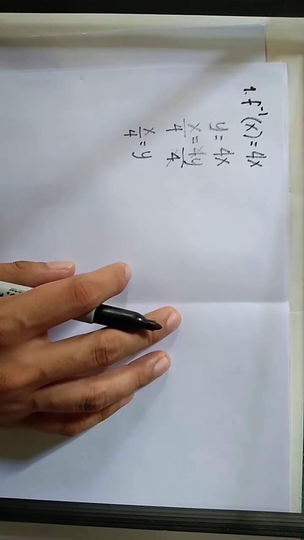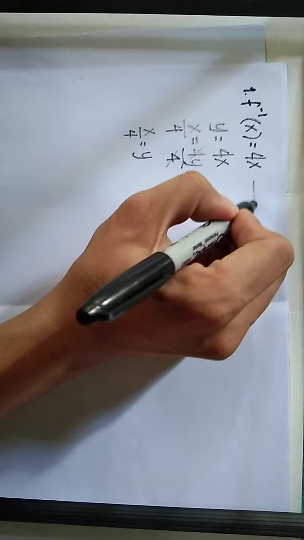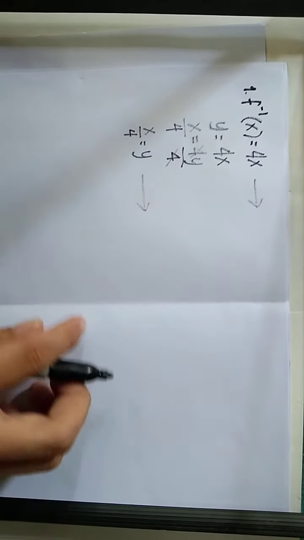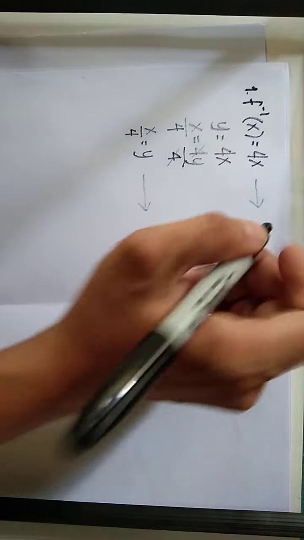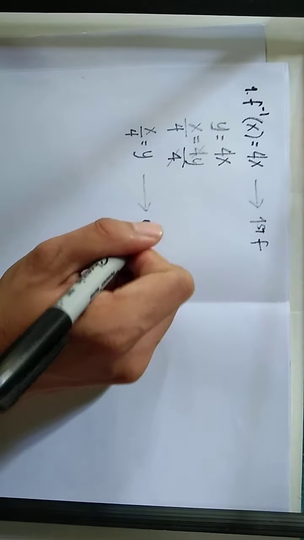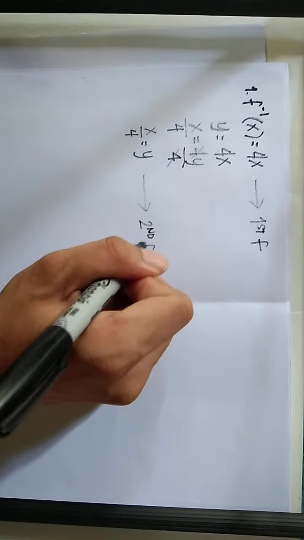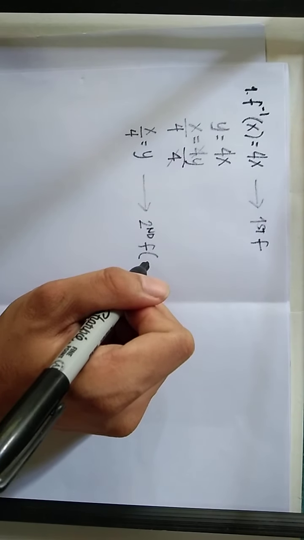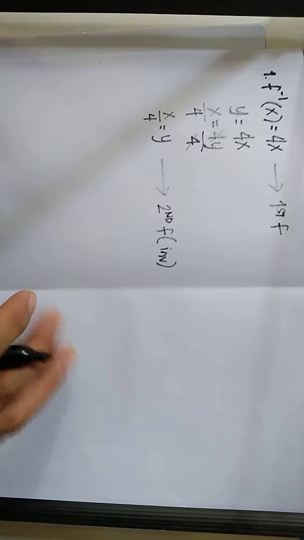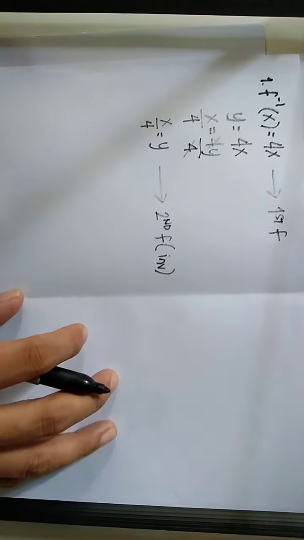So, gagawa tayo ng graph gamit ang ating function na 4x and then function na x over 4 is equal to y. So, ito yung first function natin. Ito yung ating second function o yung kanyang inverse. So, we will graph. So, paano nga ba mag-graph?